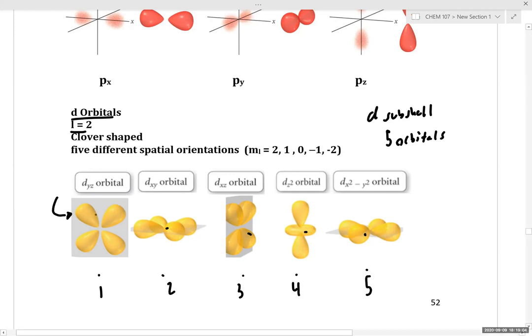So it's not the number of lobes in the picture, but rather the number of unique orbital pictures that we have for a given subshell. So we see 5 different pictures, and that tells us how many orbitals we have.